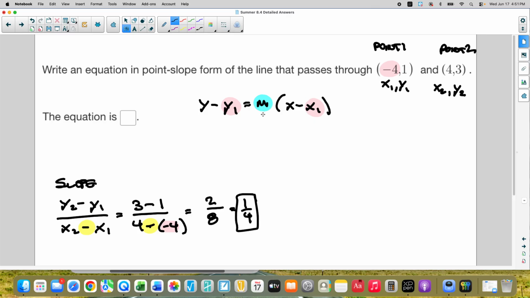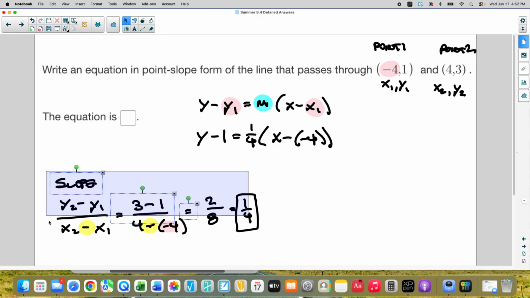So now I can put that in for m, and then I'm going to pick a point. What do you want? You want y sub 1? Sure, we can do y sub 1. So now we're going to substitute y minus my y sub 1 value, which is 1, equals my slope, which is 1/4 times the quantity x minus my x sub 1. There's that negative 4 again. And we would want to simplify that. We can't leave it with double signs.